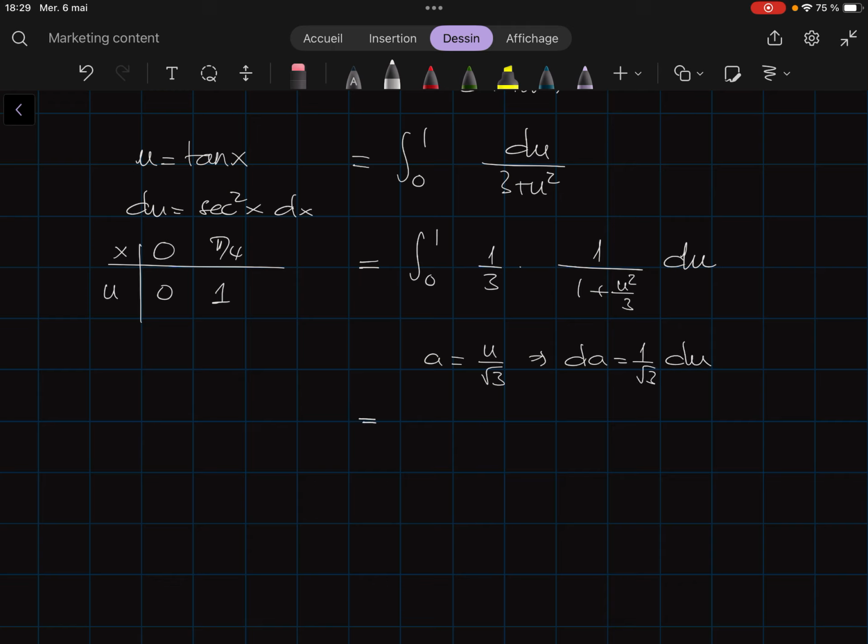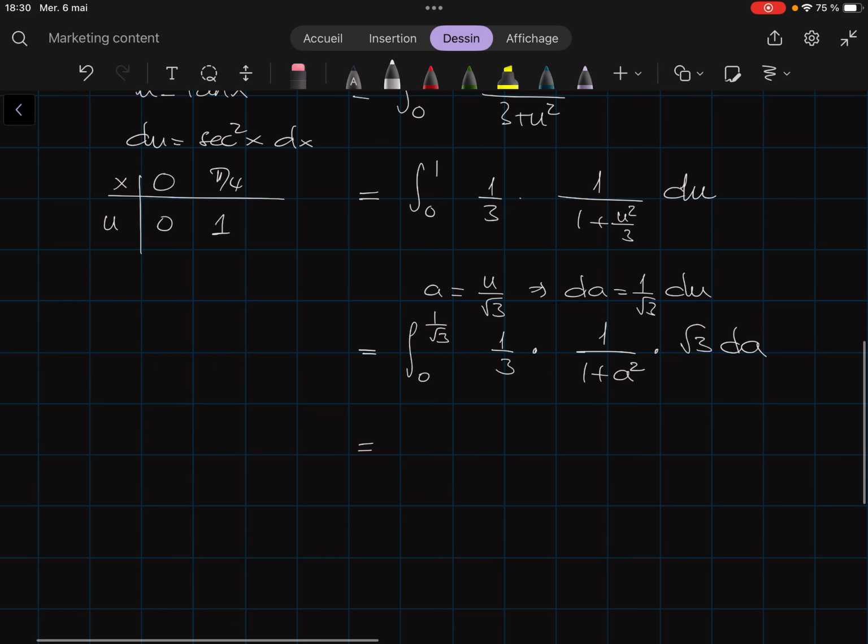This integral now becomes the integral from 0 to 1 over root 3 of 1 by 3 times 1 divided by 1 plus a squared times root 3 dA.